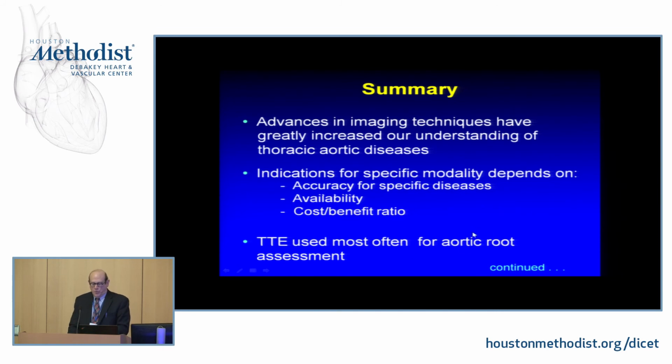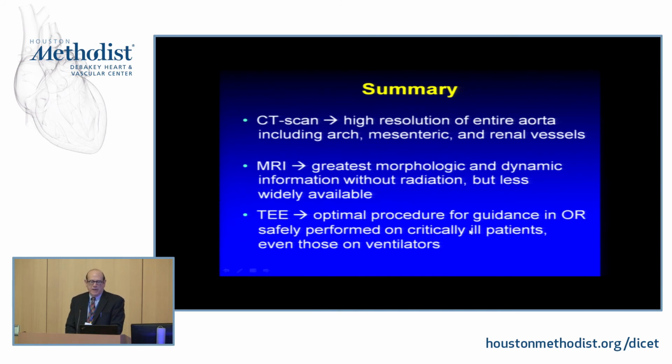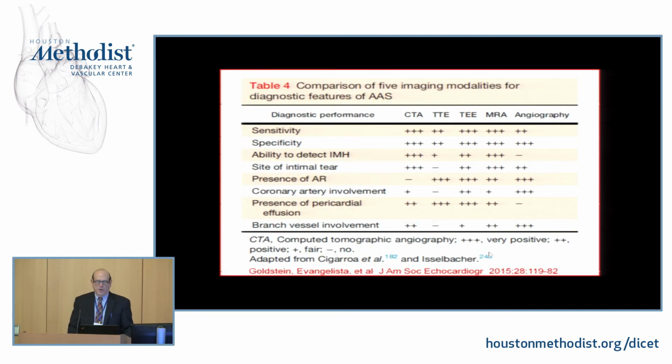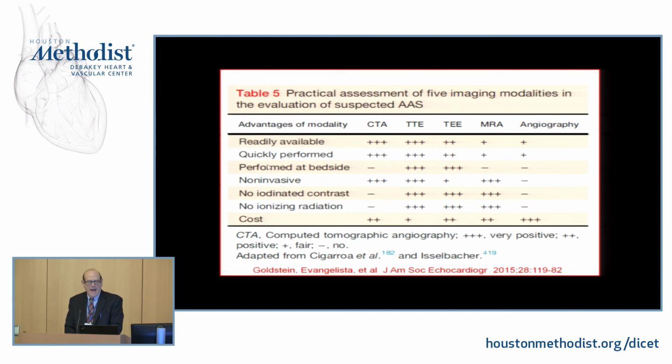TEE is good for the root, but is limited for the ascending aorta. I'll let you read these, but I'm just going to outline for you in the last two slides. In the paper that I've mentioned to you before, there's a list of some of the relative advantages and disadvantages of each of these procedures for a variety of aspects of aortic dissection, etc.